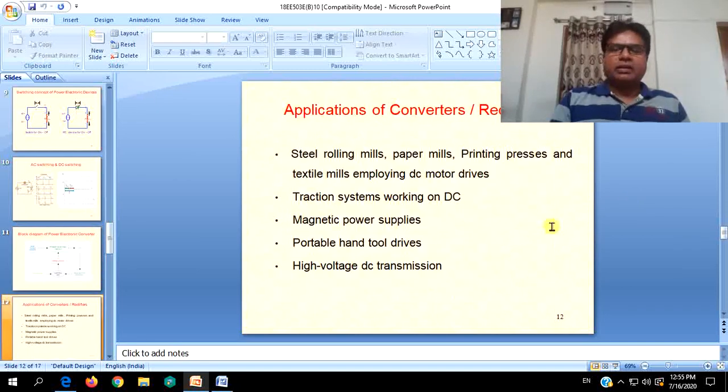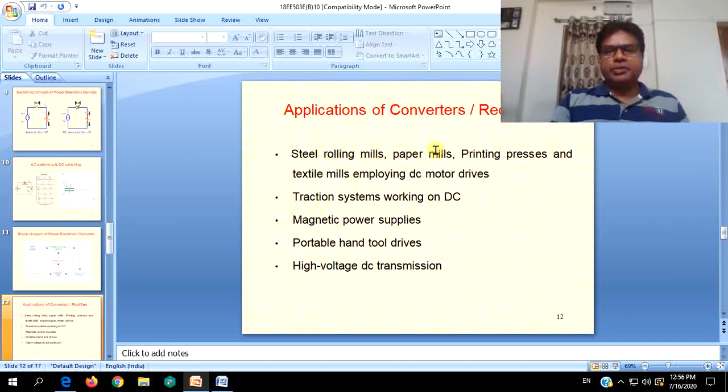operates. And as we have seen, there are abundant applications for power electronic converters, rectifiers and other converters, but here only rectifier applications are discussed, which we have already seen in the previous sessions. Particularly where the load is DC, rectifiers are used, meaning the source is AC.